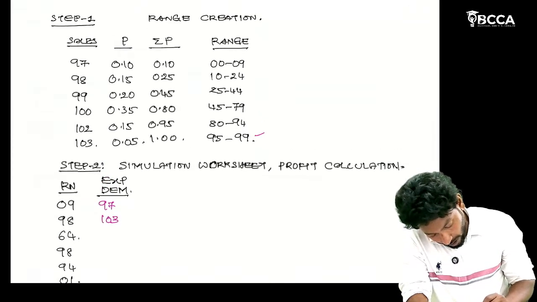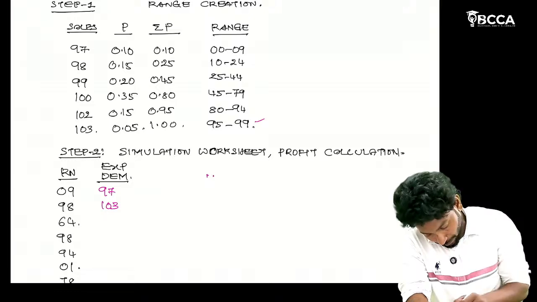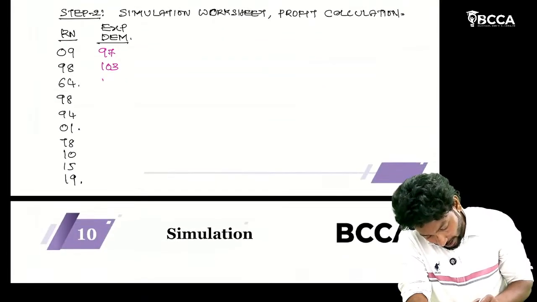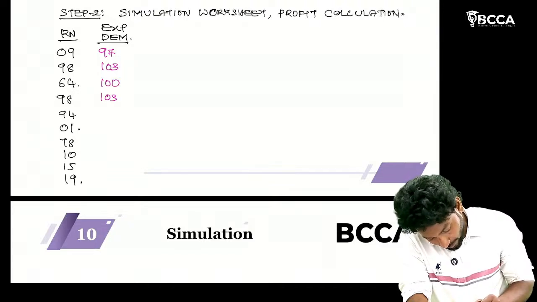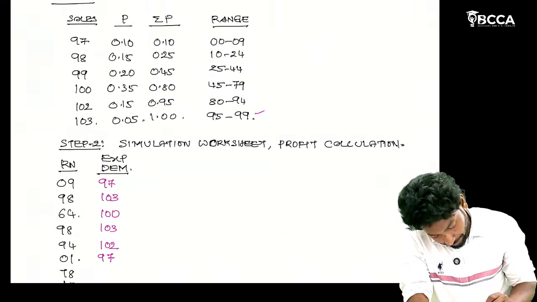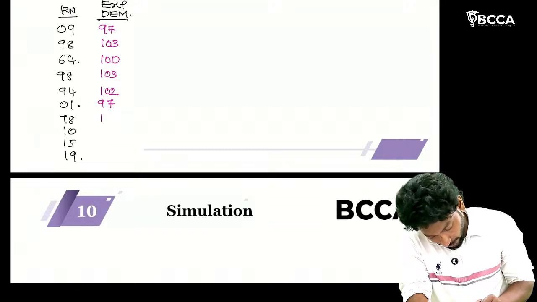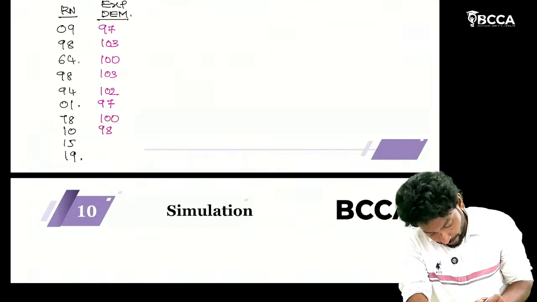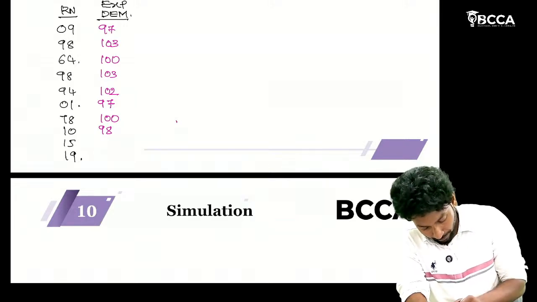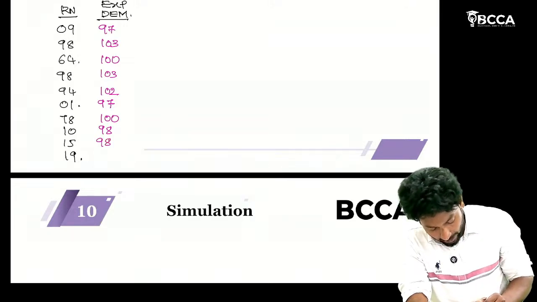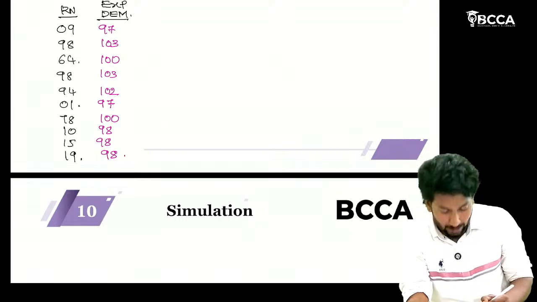For 64 it is 100. 98 again 103. 94 is 102. For 01, 97. For 78, 100. For 10, 98. For 15, 98. For 19, 98.